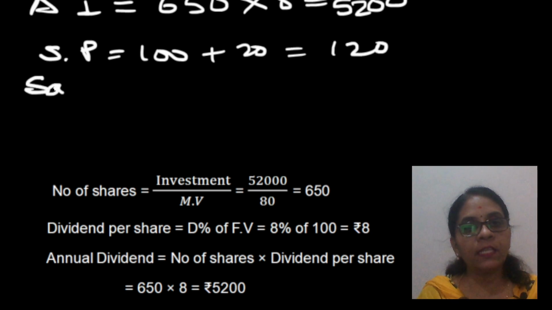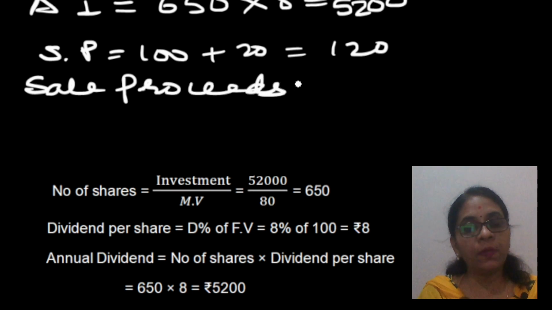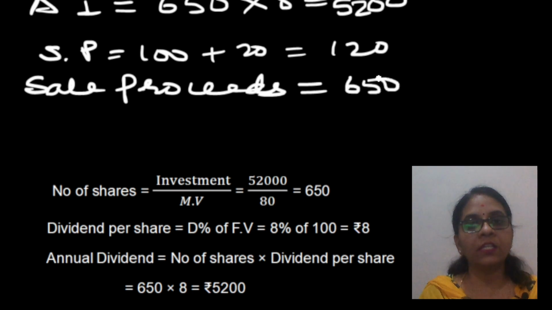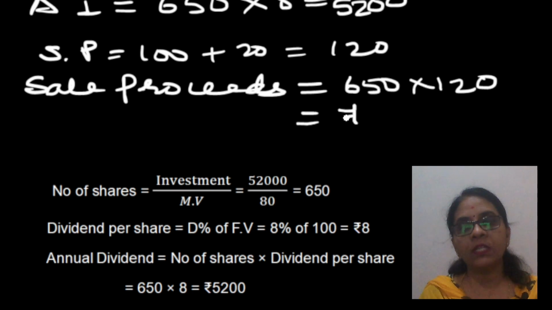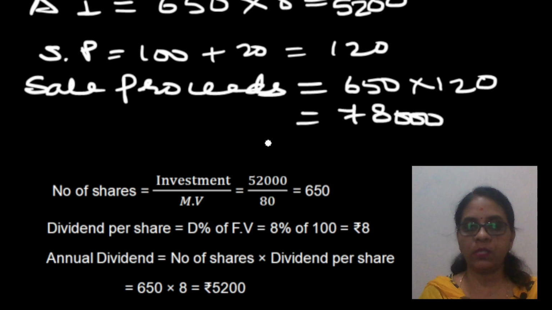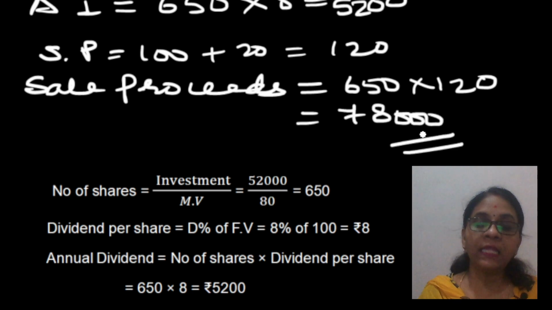So what are the sale proceeds now? The sale proceeds will be equal to the number of shares he has. 650 into 120, which is 78,000. Now this is the money that he gets by selling his shares.